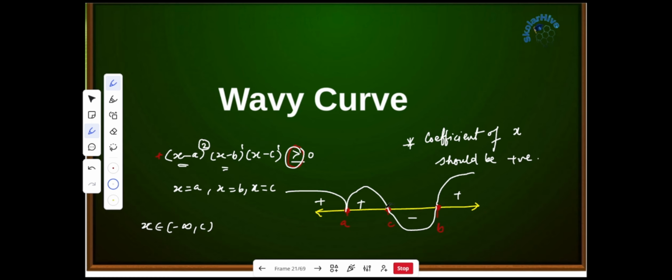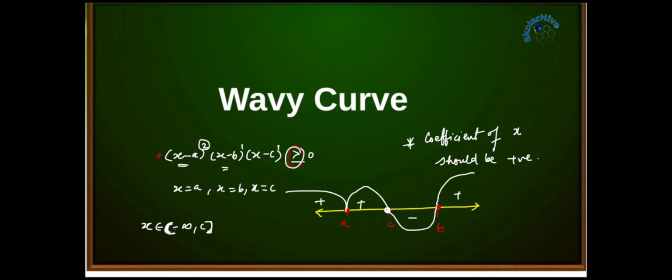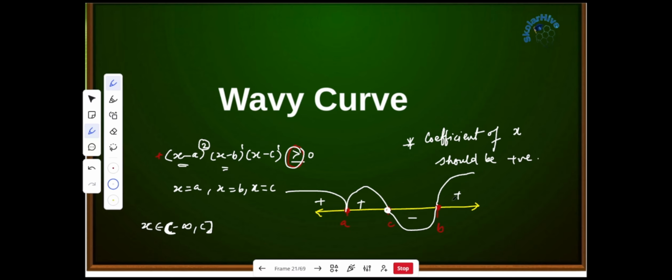Now here you can find that this is shaded, meaning this point will be included, so we must keep the closed interval at the end of C. Always make sure that at minus infinity and plus infinity there is an open interval. Now from B to infinity, so union closed interval B to infinity.